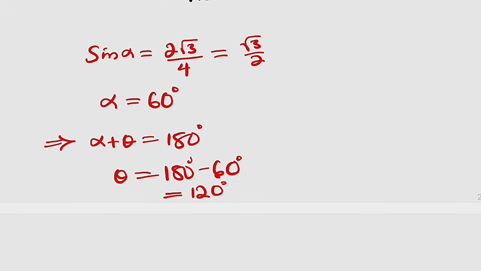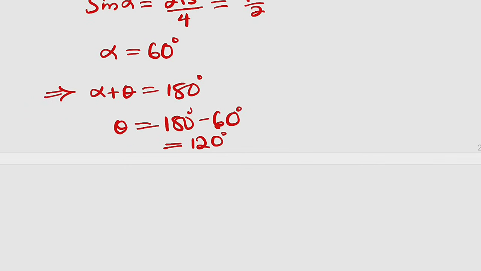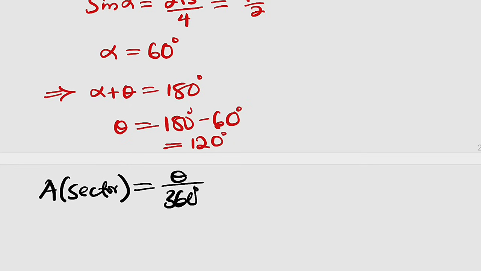So how can we find the area of that sector? Area of sector is equal to theta divided by 360 degrees multiplied by pi r squared.